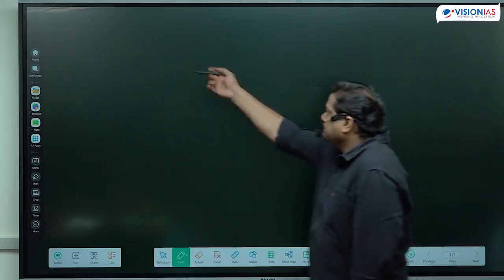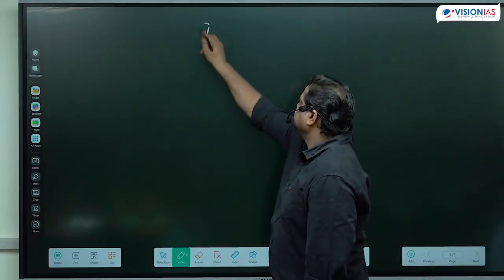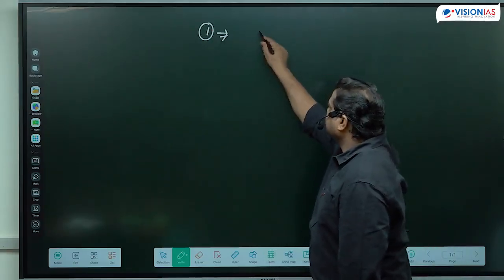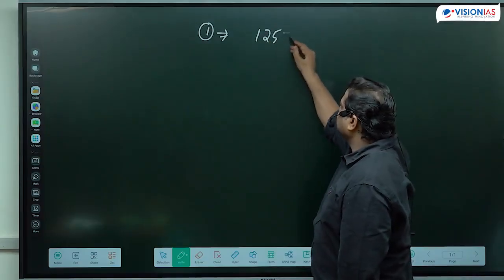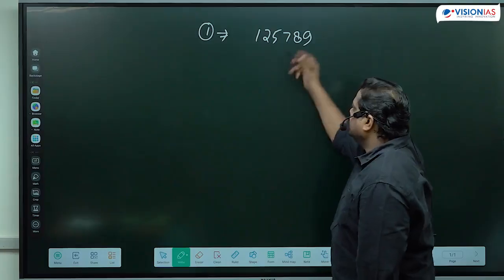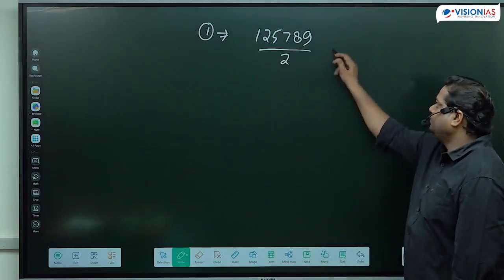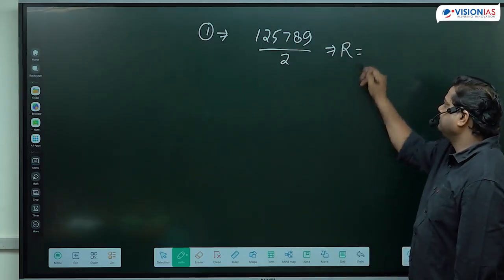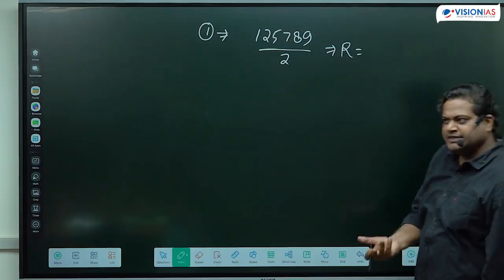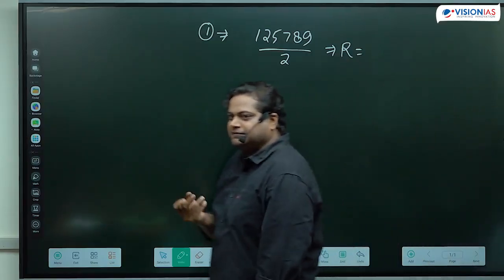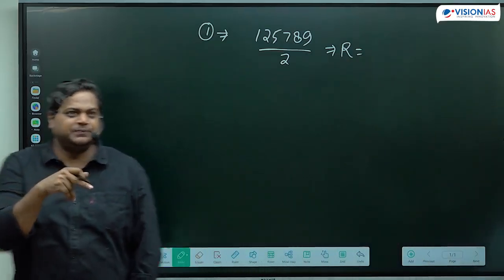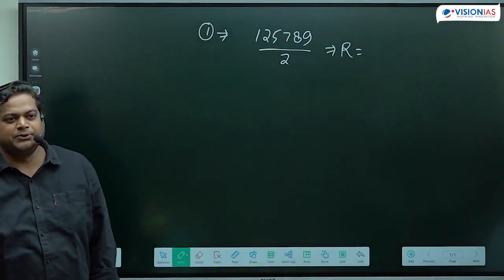Like if I ask a number 1, 2, 5, 7, 8, 9. If we divide this number by 2, what will be the remainder? So 2 के case में it is very clear. If that number is not divisible by 2, what remainder we are going to get?